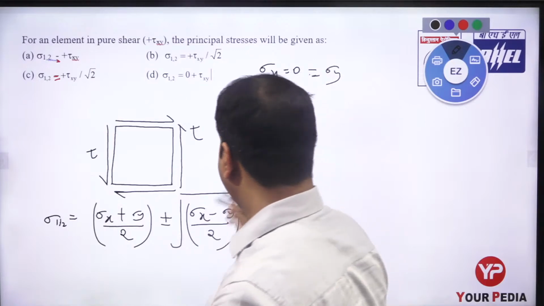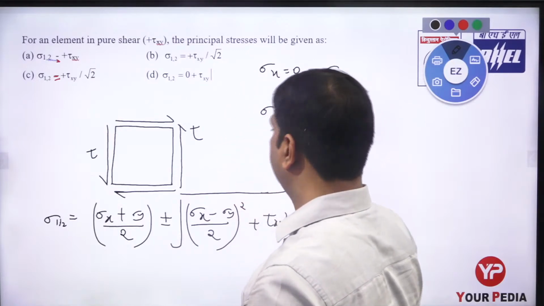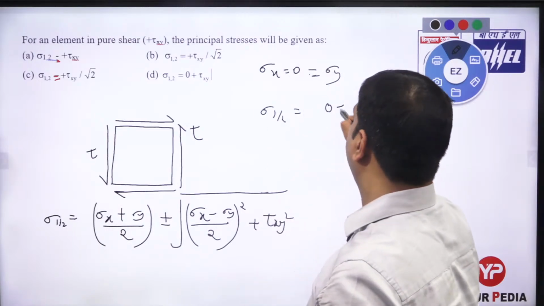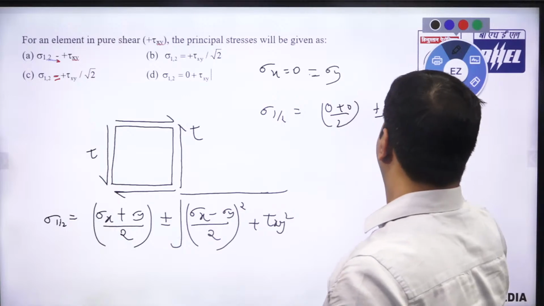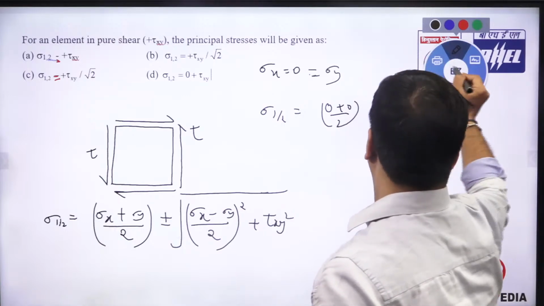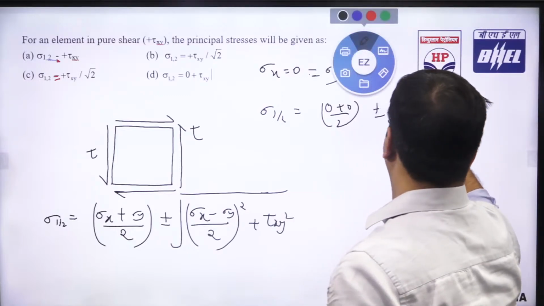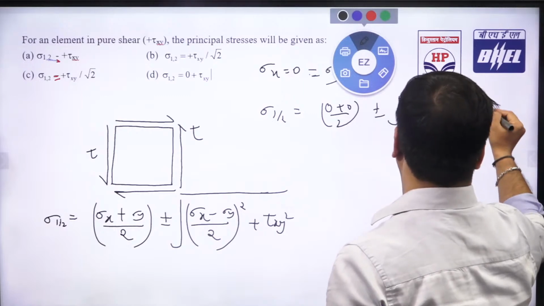So from this formula we can write sigma 1, 2 equals to 0 plus 0 plus minus square root of (0 minus 0 divided by 2) square plus tau square.